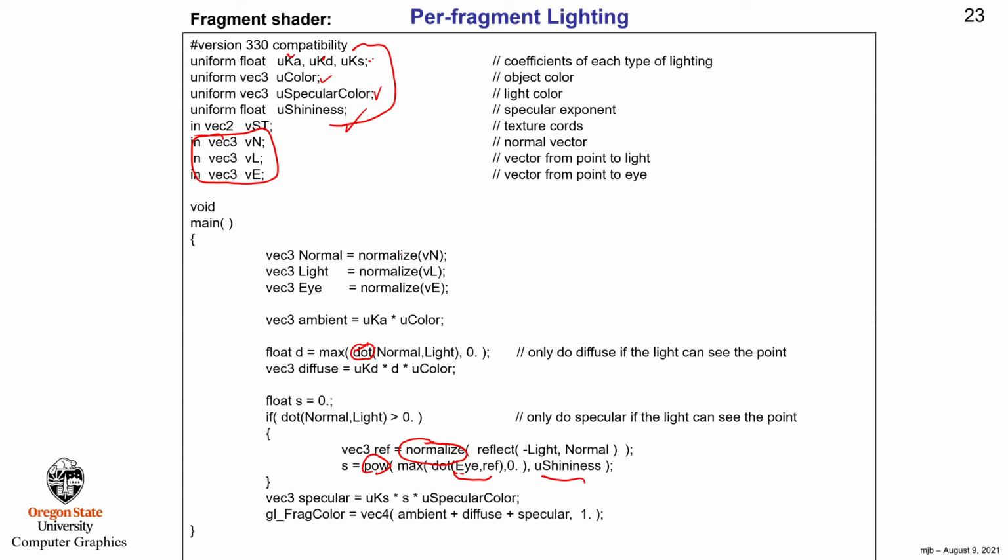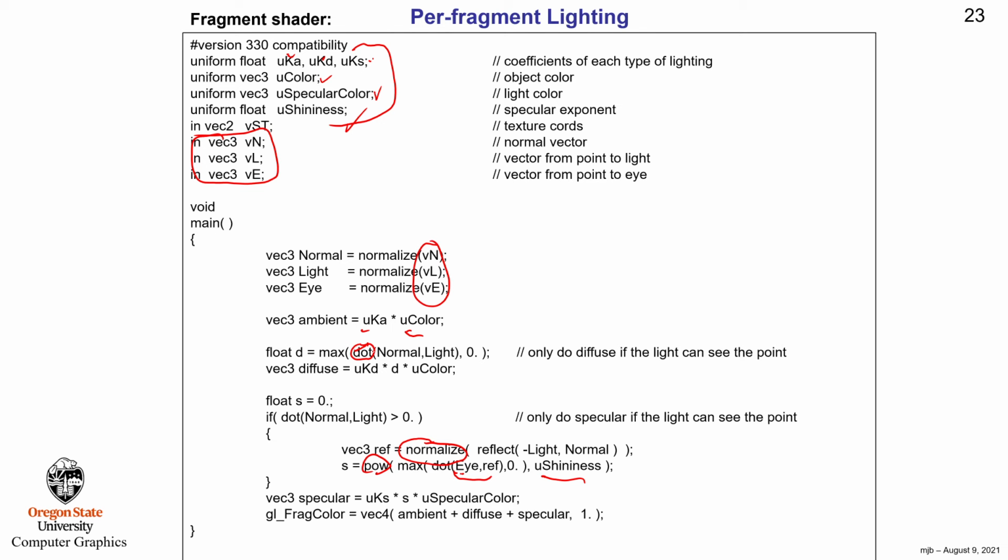So we're going to unitize those because we'll need to have them as unit vectors when we do the dot product. The ambient is just the color of the object times this coefficient. I typically use like 0.1 or 0.2 for Ka. Here comes the diffuse. We're going to do the dot product. Now, if that dot product turns out to be negative, it means the light is not seeing the front of the object.